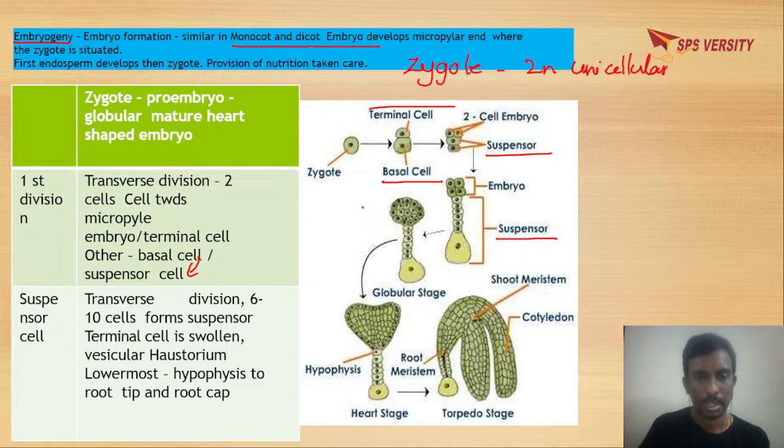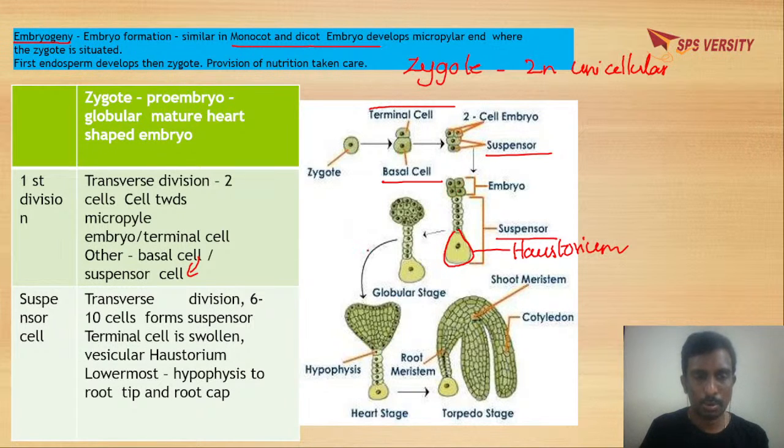The terminal cell present in the suspensor is swollen, which is called the haustorium, which will take the nutrients from the endosperm.